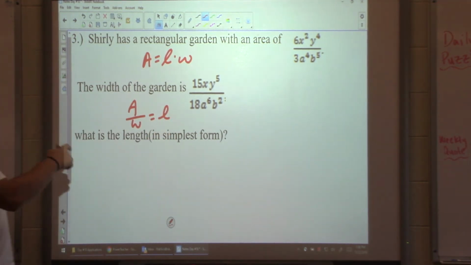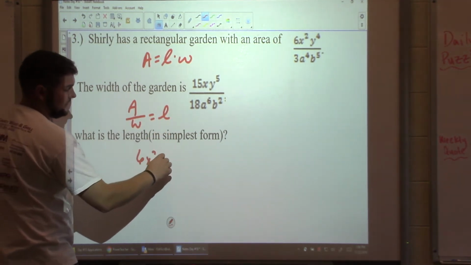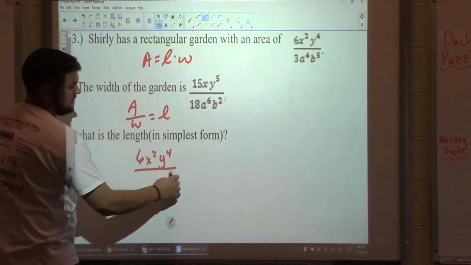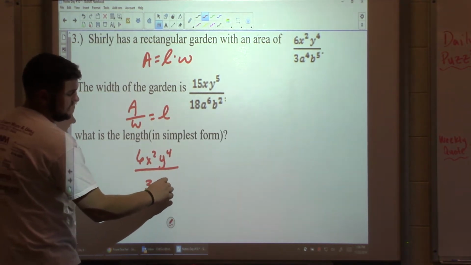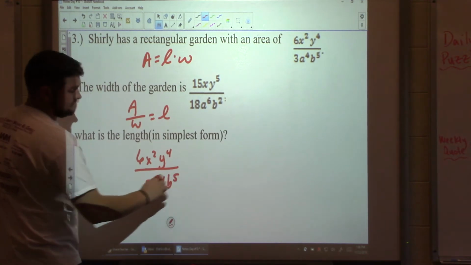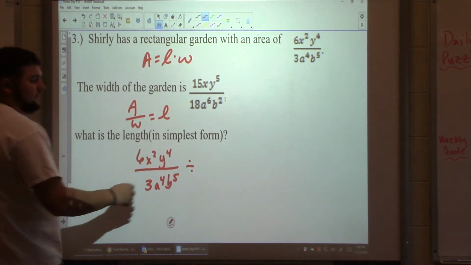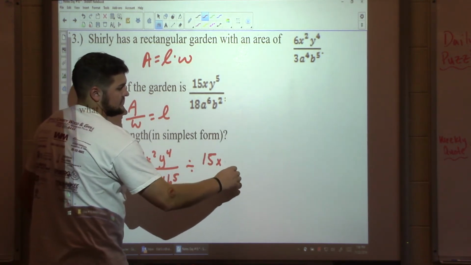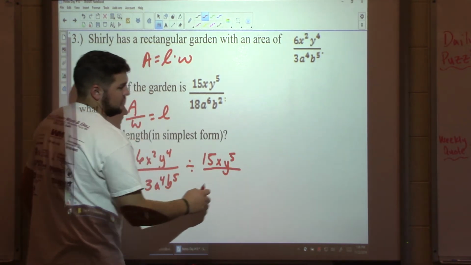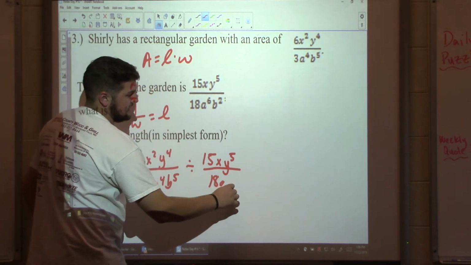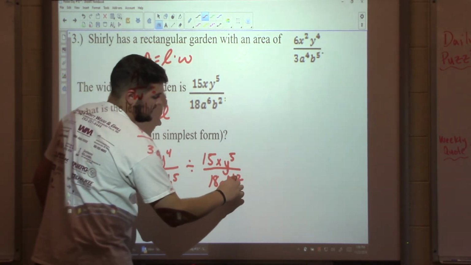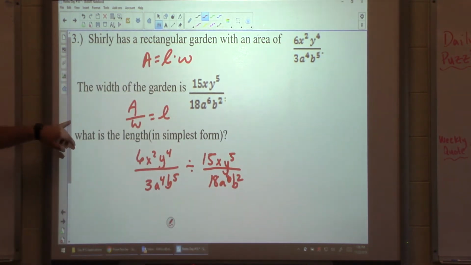So my area is 6x squared y to the 4th over 3 a to the 4th b to the 5th, divided by my width, 15 x y to the 5th over 18 a to the 6th b squared.